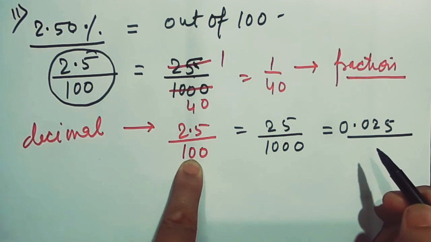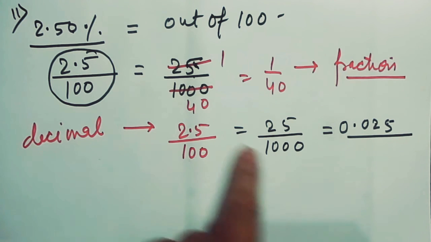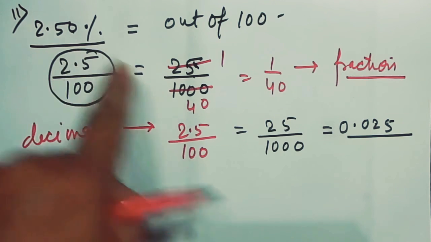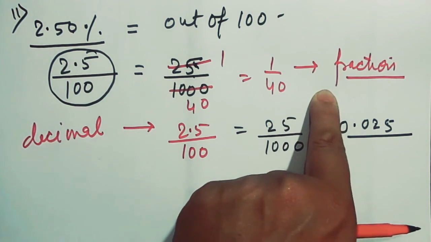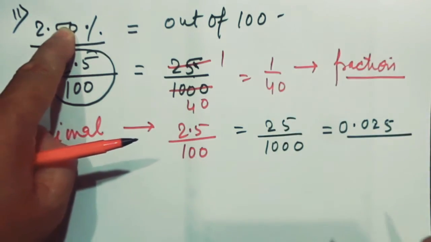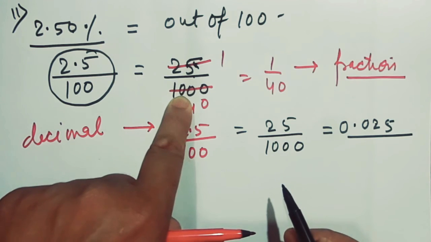Okay, now when I change this to percentage, I'll multiply this by 100. Fraction, when I change this to percent, I'll multiply this by 100. But when I change percent to fraction, I will divide it by 100, isn't it?